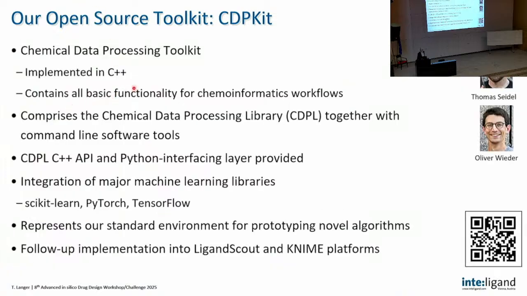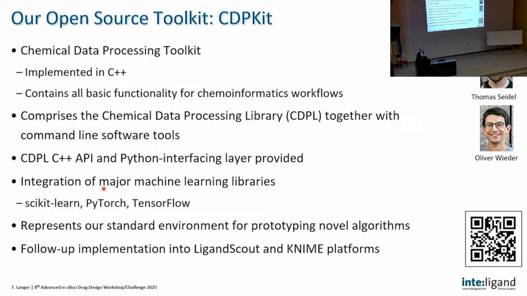It contains all basic functionality for cheminformatics and comprises the chemical data processing library, CDPL, together with command line software tools. We have a CDPL C++ API and a Python interface layer, so you can write your Python code using direct access to the functions in this CDP kit.